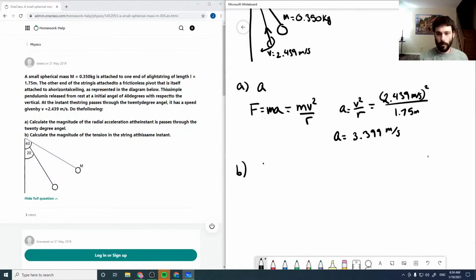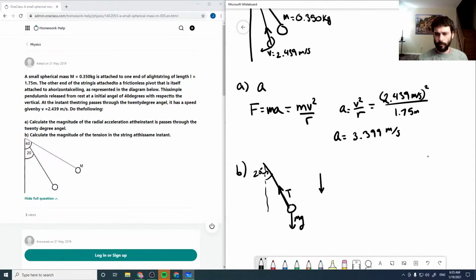So if we do up our free body diagram, we've got our 20-degree angle. And so we've got mg, and then tension, and those are the forces that are acting. We can separate our mg into a radial and a tangential component.